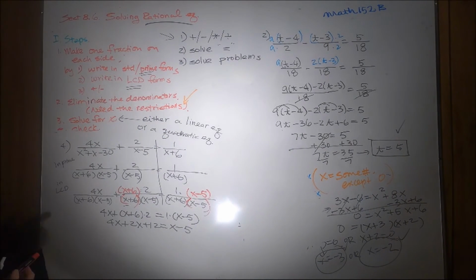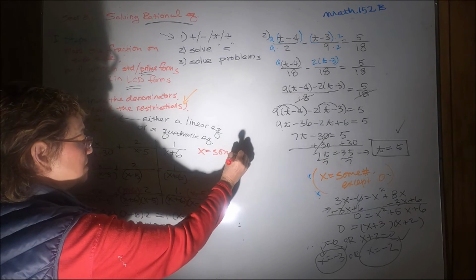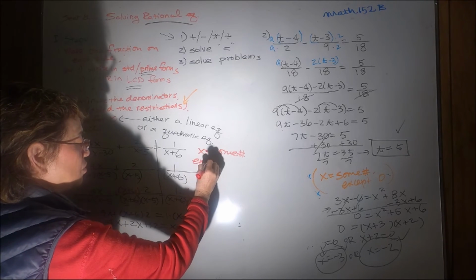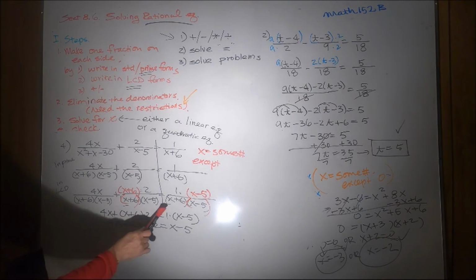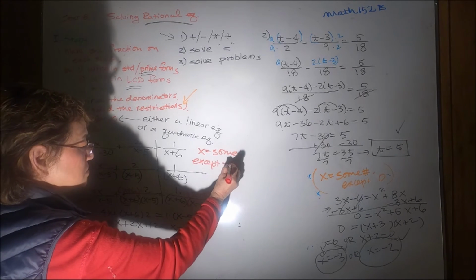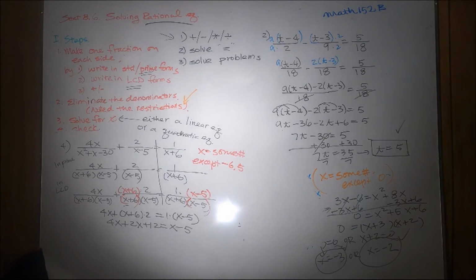So don't forget about that. That means when we try to solve it, x equals some numbers except what? We cannot use. Look at the denominators, right? We cannot use -6 and 5. Is that right?